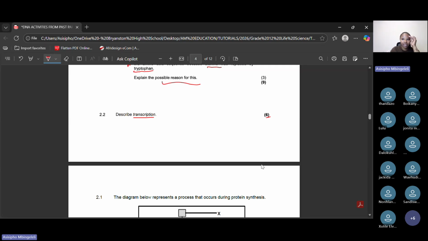But let me go to your third point. Please read it for me. One DNA strand acts as a template. Did you say double helix unwinds or DNA double helix unwinds?